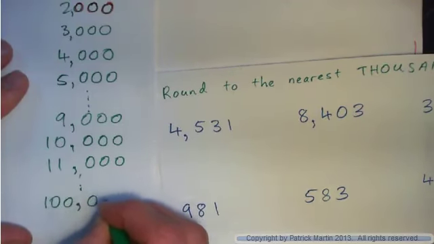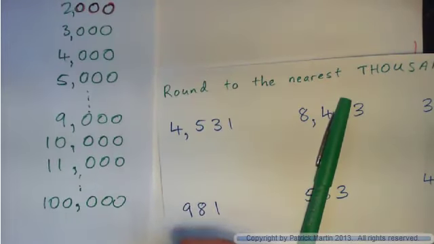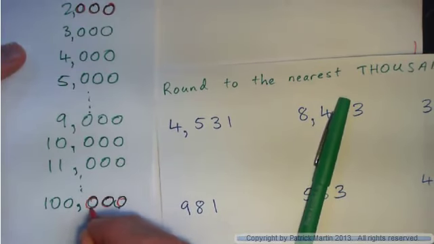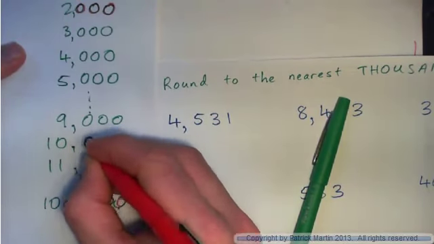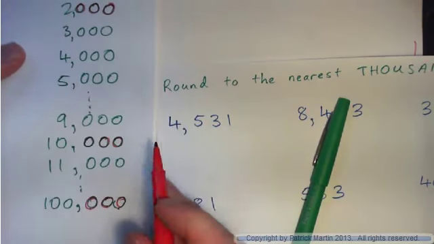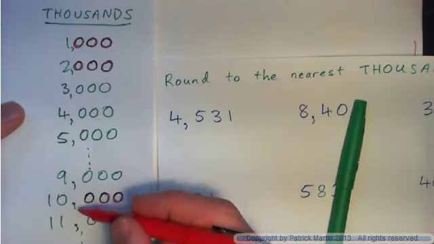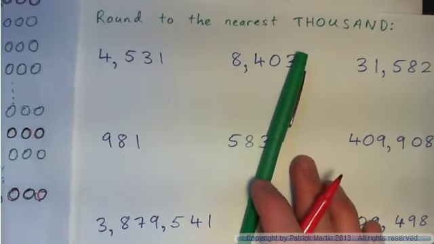Have you ever seen that? 100,000 is also a multiple of 1,000, because it has a 0 in the units, tens, and 100 spot. Same with 10,000. Even though there are more zeros afterwards, as long as it has a 0 here, here, and here, it means it's a multiple of 1,000, right? So we'll bear that in mind as we round these guys.